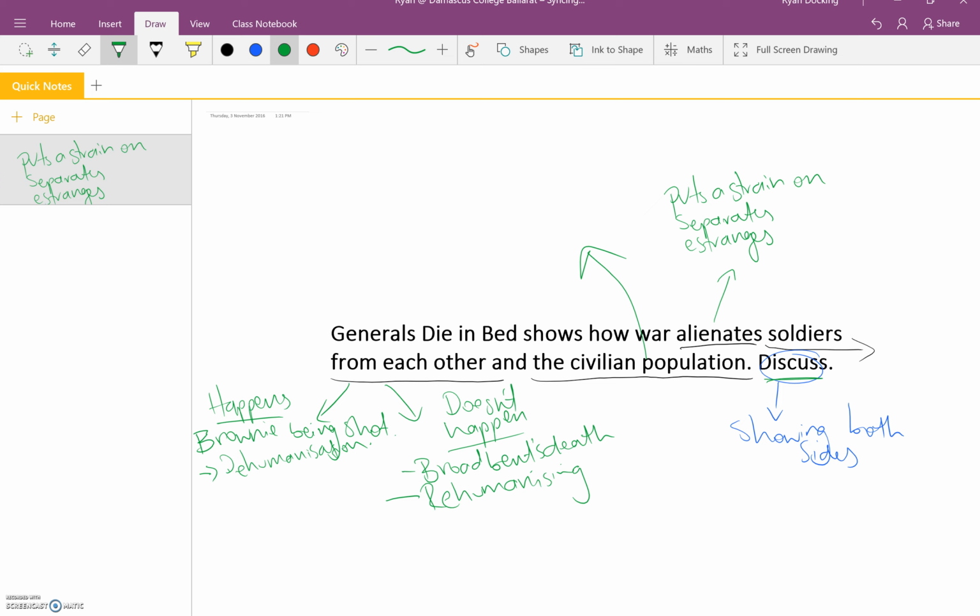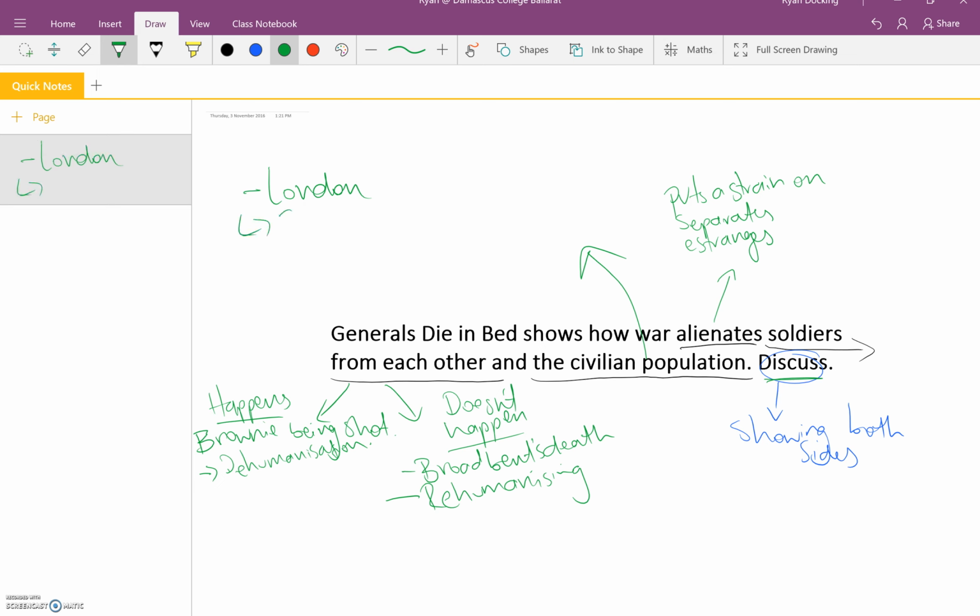Now, there's a couple of things we could talk about here. One of them is London. That whole chapter where our narrator goes to London shows the differences in opinion and the differences of attitudes to war between the soldiers and the civilians. That's a really poignant or important aspect to grasp in this.